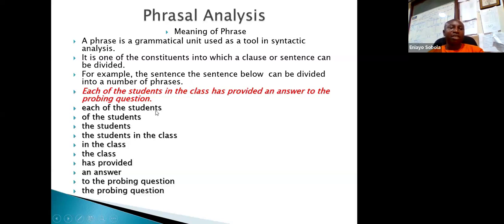There we realize that we have each of the students as one, of the students another phrase, the students another phrase, the students in the class another phrase, in the class another phrase, the class another phrase, has provided another phrase, an answer another phrase, to the probing question another phrase, then the last phrase, the probing question. So you realize that a sentence could be divided into different numbers of phrases. And each of the phrases stands as a unit of meaning on its own.